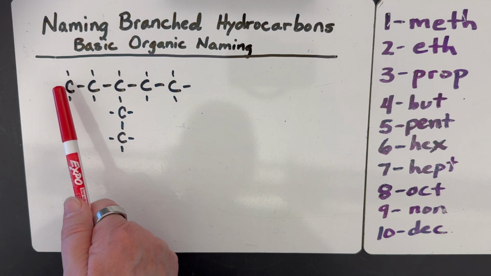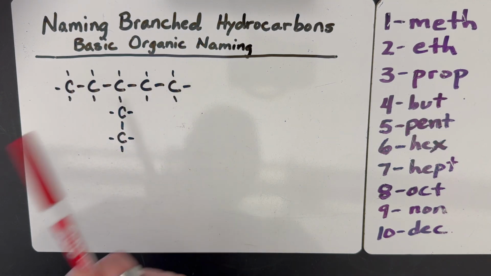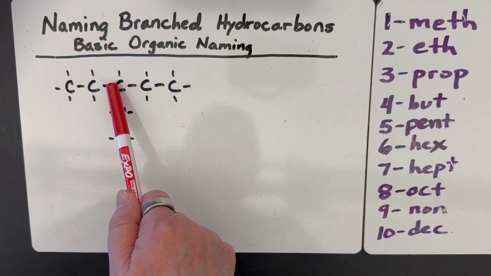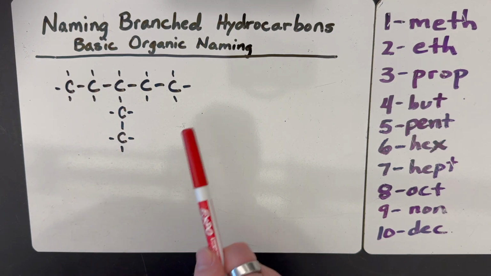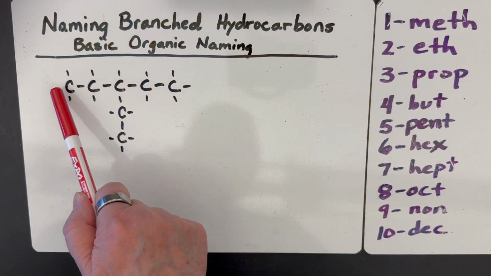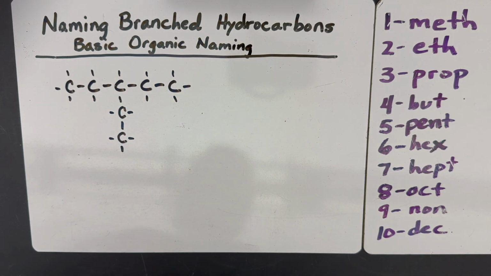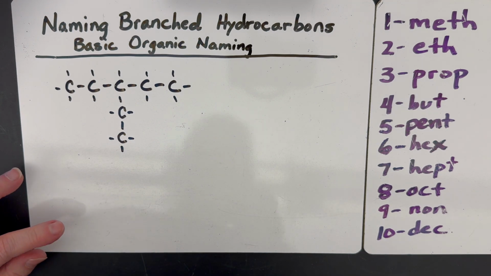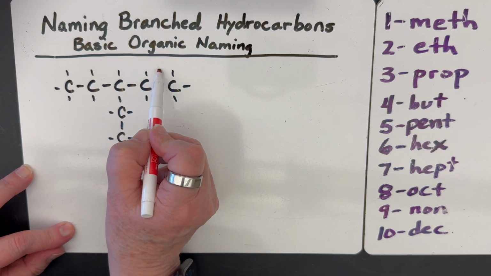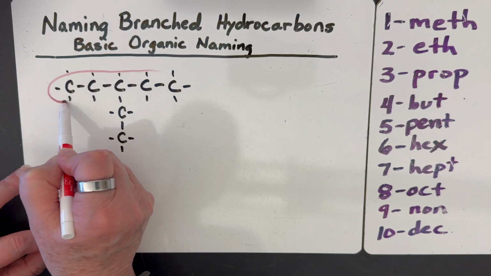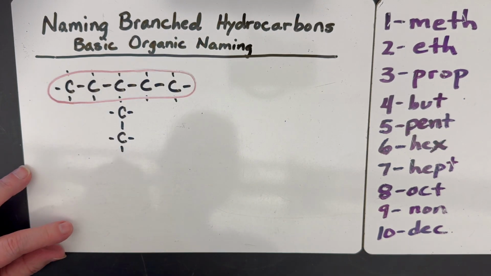So if I go straight across, 1, 2, 3, 4, 5. If I go down, still 5. Since they're all 5, it doesn't matter which one I pick as my main chain. But to make it easy, I'm going to choose the one that's straight across like this.